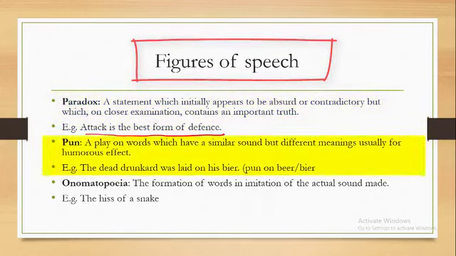Then we have pun. Pun is a literary device that plays on words. For instance, the dead drunkard was laid bare on his beer. We have two words, bare and beer.